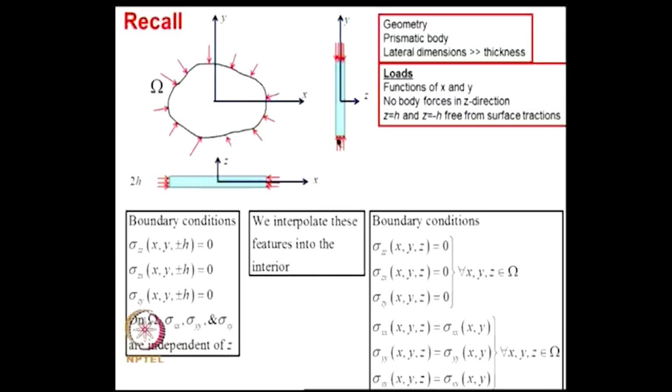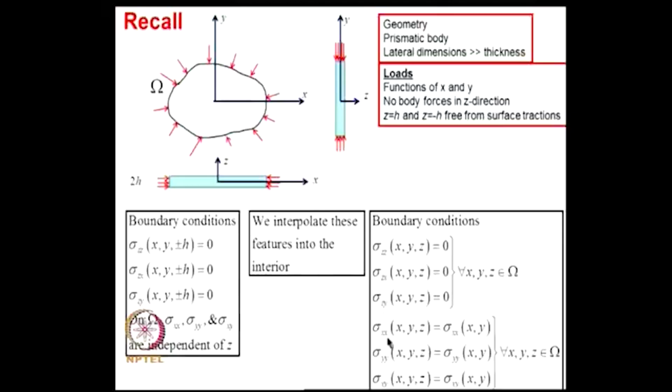We presume that the thickness of this object is small in relation to the lateral dimensions. So, based on that we extrapolate that these features that are strictly valid at the boundaries are true in the interior also. So, that would mean we get sigma zz, zx, zy to be identically equal to 0 for all x, y, z in the domain omega.